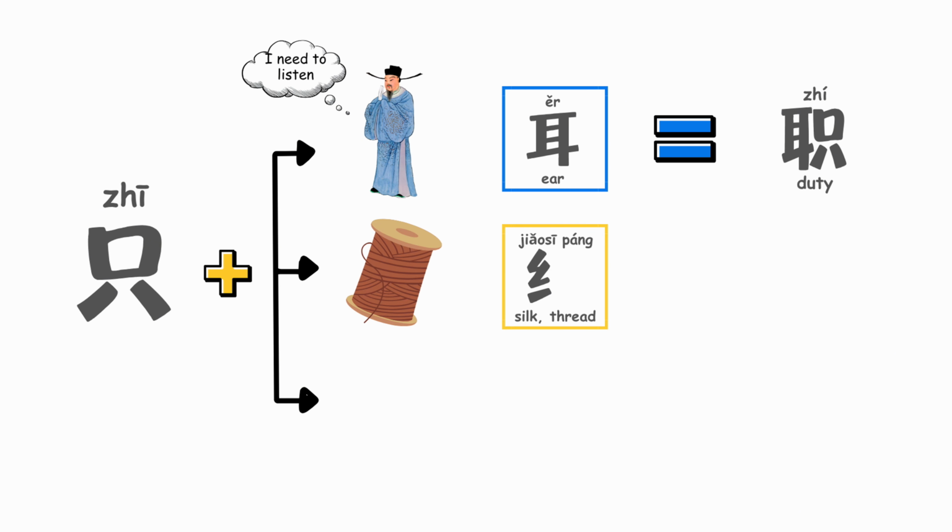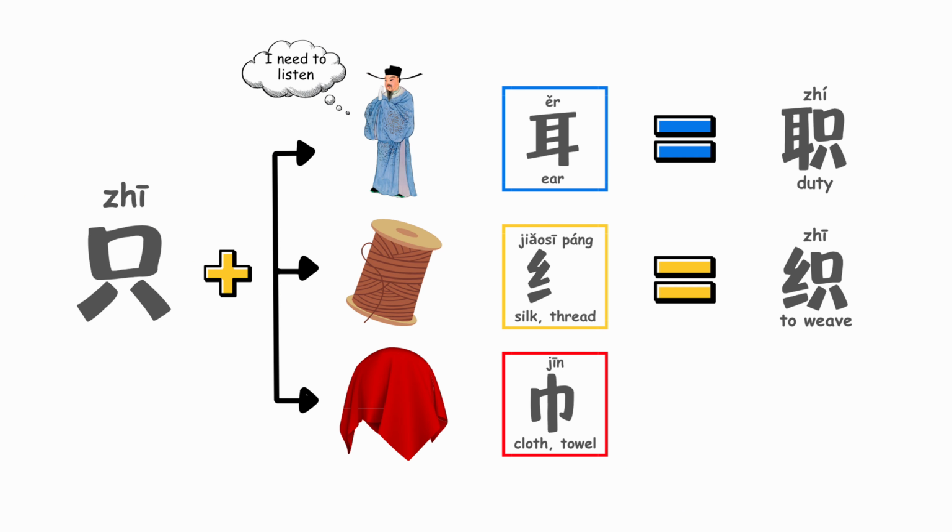If we add the silk radical, which is related to silk or threads, it becomes 织. 织 meaning to weave. And if we add the cloth radical, it becomes 帜. 帜 meaning a flag or banner. In all of these words, 知 is the phonetic part. It hints at the pronunciation, while the other radicals are the semantic parts, giving us clues about meaning.